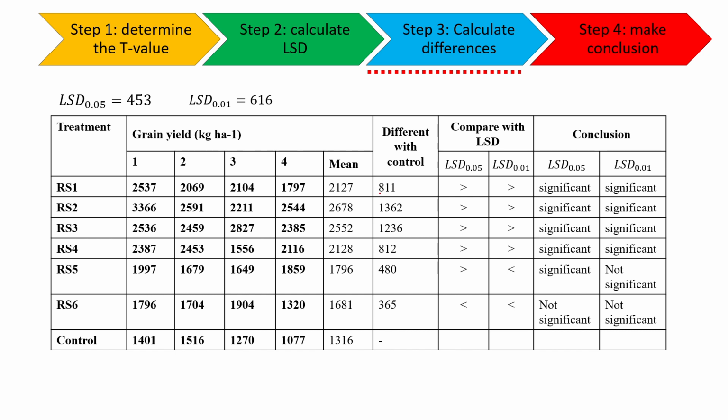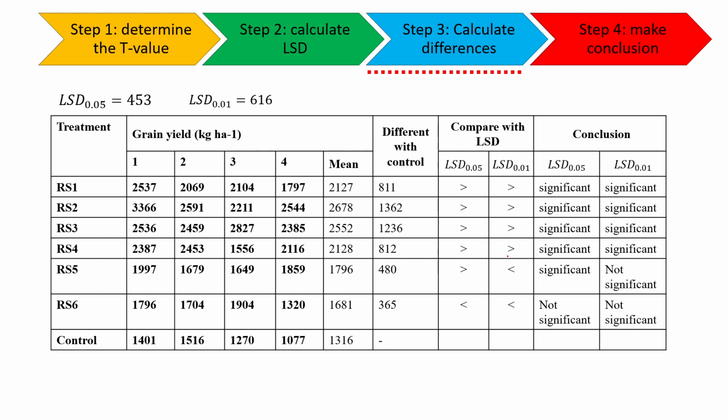So 811 compared to LSD of 0.05, which is 453, is larger. Compared to 1% significance, 616, it is still larger than the LSD. So 1362 compared to 453 is larger. 1362 is larger than 616. 1236 is larger than 453. 1236 is larger than 616.